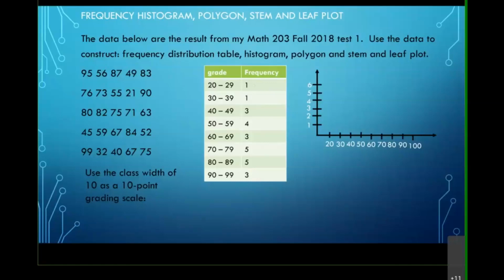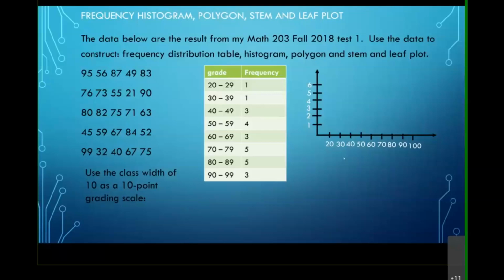My highest frequency right here is 5, so I end up with 6. I don't need that 6, but again, your frequency will always be on your vertical item. Your horizontal item is your data. It depends on what data you have, that's your horizontal item.